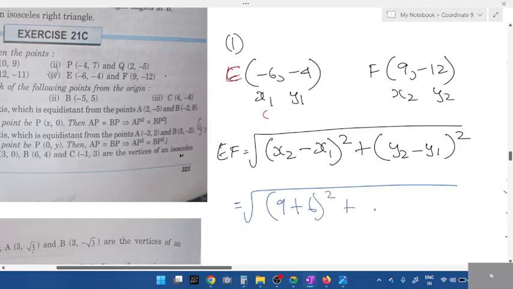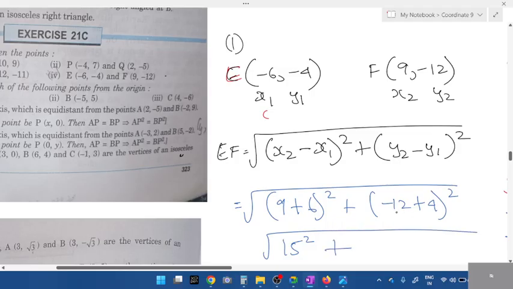Next, minus 12. No, not minus 4. Plus 4. Minus into minus will give plus. Complete this. 9 plus 6, 15 square. 225 plus. And one more thing, there won't be any negative.